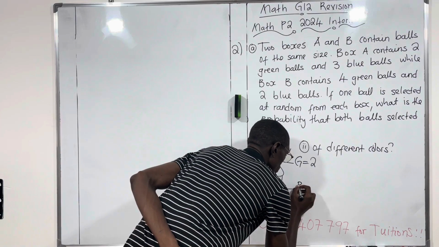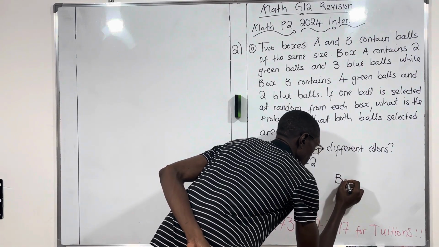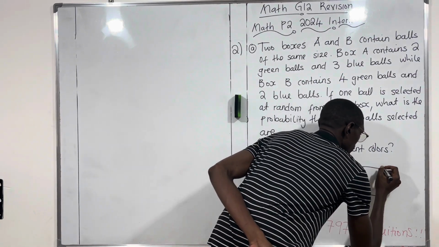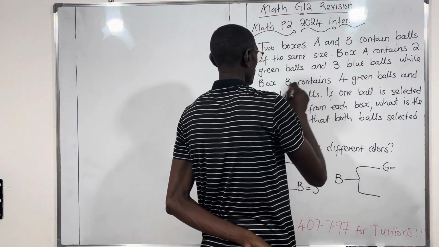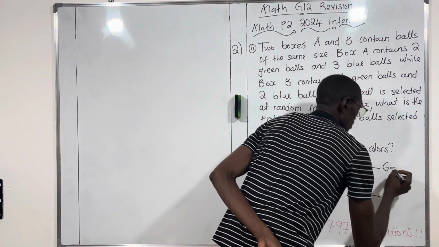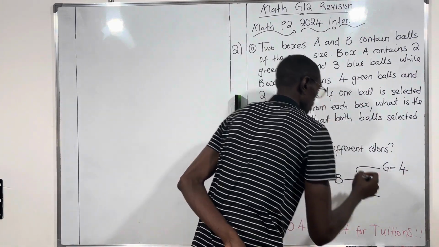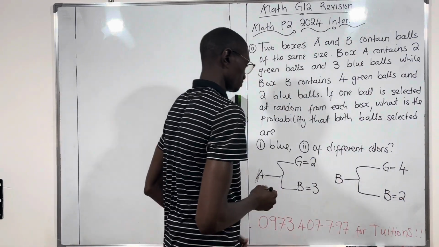How about box B? What do we have in box B? How many green balls do we have in box B? Box B contains 4 green balls. So there are 4 green balls in box B and 2 blue balls. So blue, we have 2.